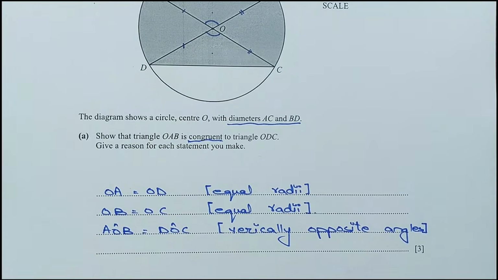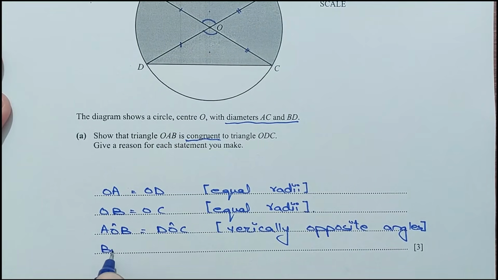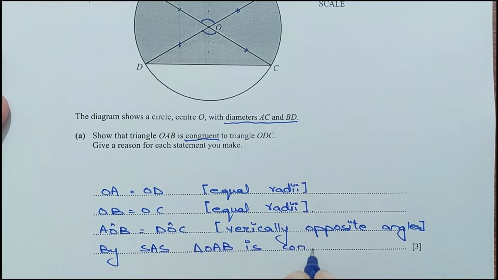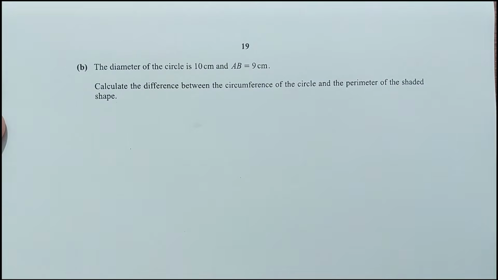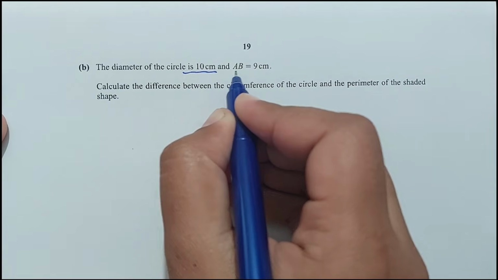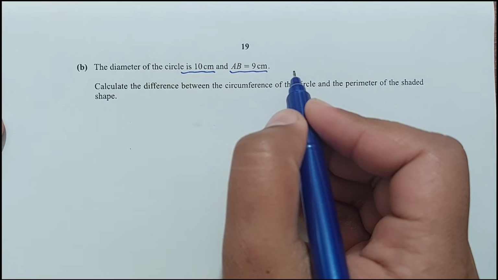Okay, so we can say that by side-angle-side, triangle OAB is congruent to triangle DOC, right?